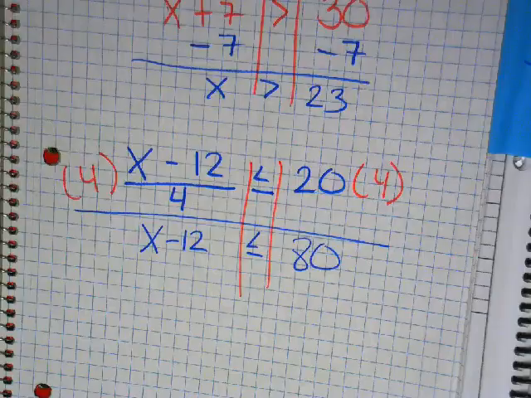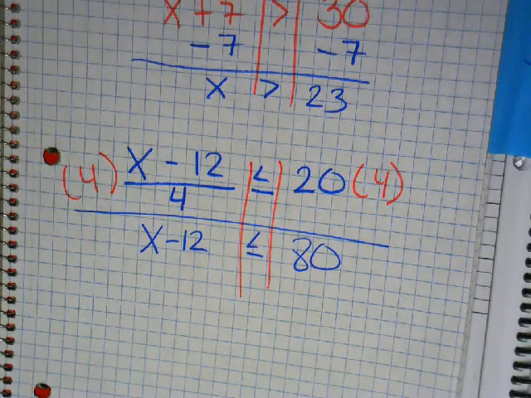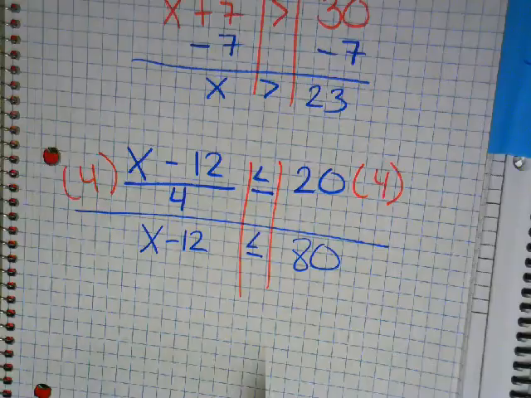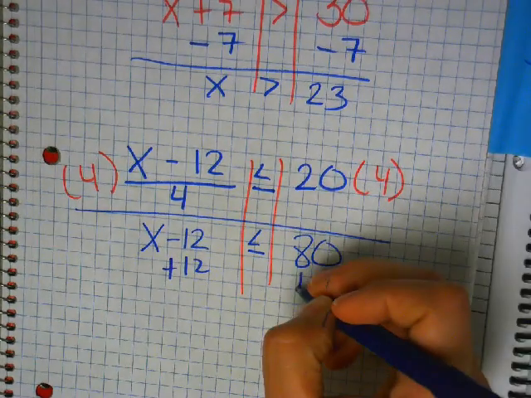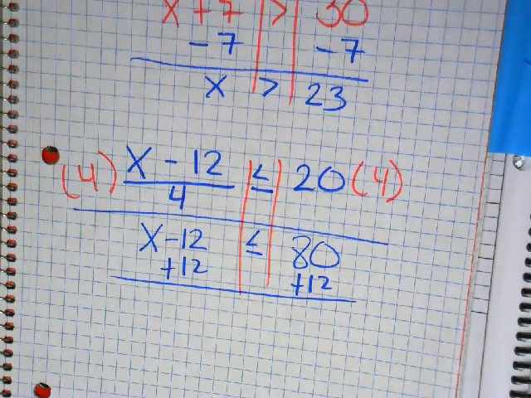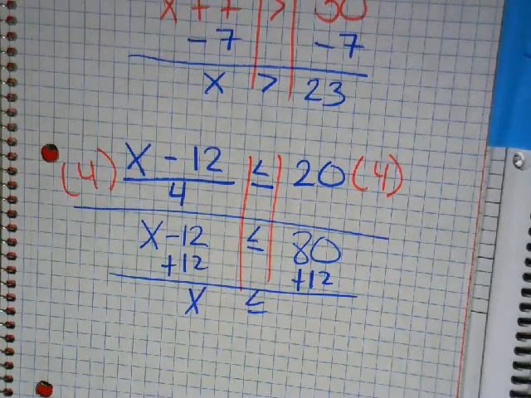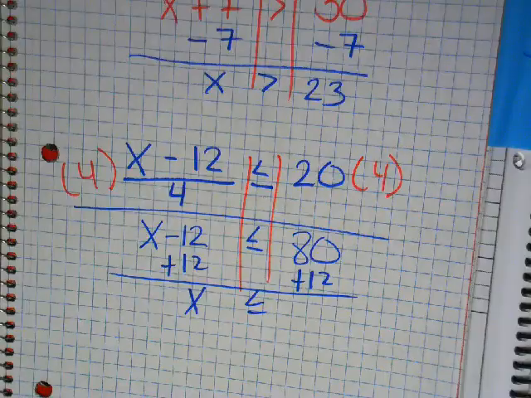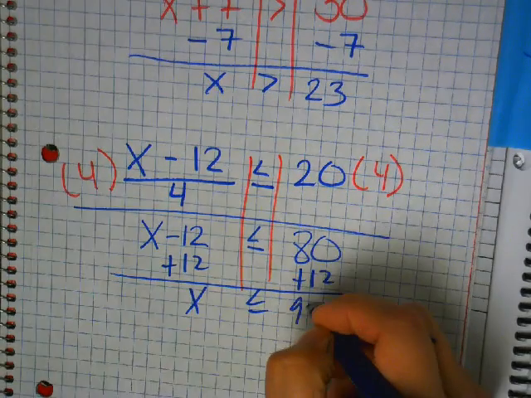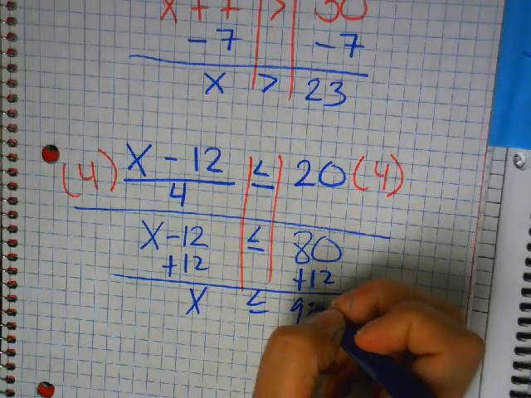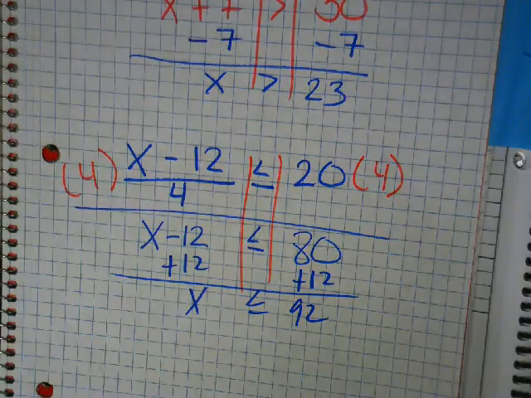Maybe the rain has damaged your ability to multiply. All right, x minus 12. So what's the opposite of minus? Addition. 12? Plus 12, plus 12. What is x? What's 80 plus 12? 92. Qué fácil, es muy fácil. So easy.